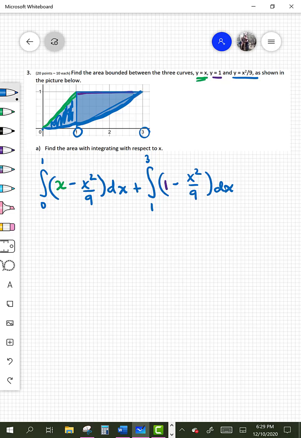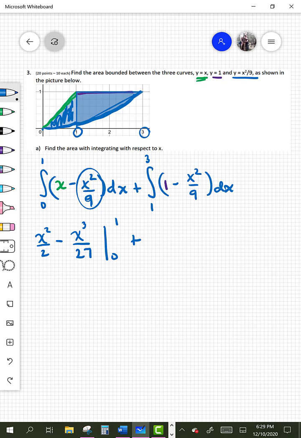So now we're ready to take the definite integrals and then sum them. And so the antiderivative of x is x squared over 2 minus, and the antiderivative of x squared over 9, we'll add 1 to our exponent, it's x cubed, divide by our new exponent of 3, times this 9 down here gives us 27, and we're evaluating that from 0 to 1.